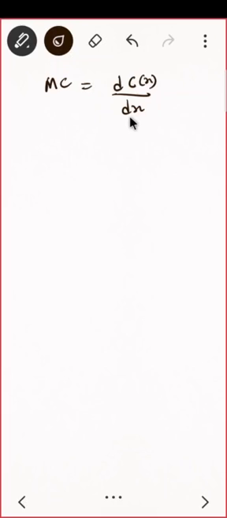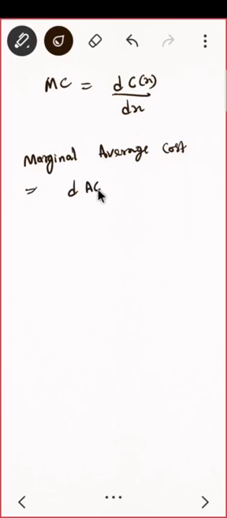Correct? And what will be marginal average cost? Somebody asked what is marginal average cost. Marginal average, as I just told you, marginal means derivative of average cost. So it will be the derivative of AC with respect to X. Correct?